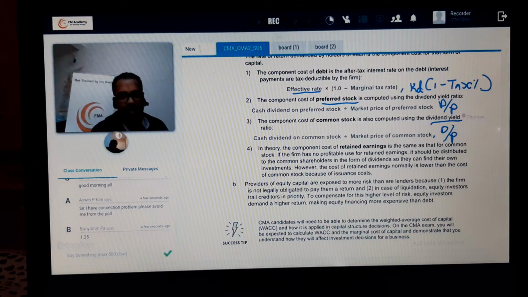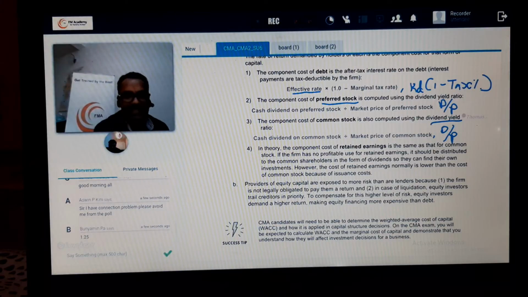If you look at any share, there is a parameter called dividend yield: dividend divided by the current market price. You can think that way. You can think from the other formula how you arrived at the price of a preference share.